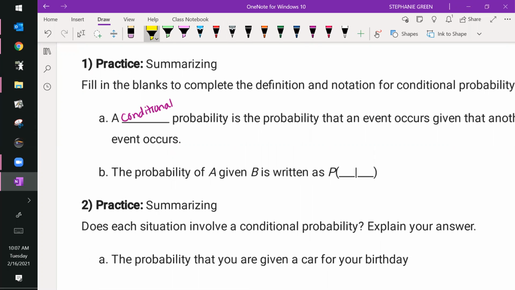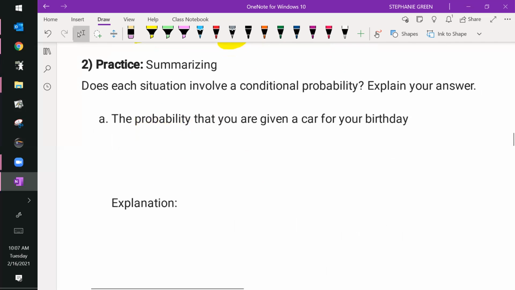If I want to write the probability of A given B, and "given" is a key word here, we would write that in symbol form to save some room on our paper. We would write P of A given B. This vertical line between A and B, we call that "given." So this is the probability of event A occurring given that event B has occurred.